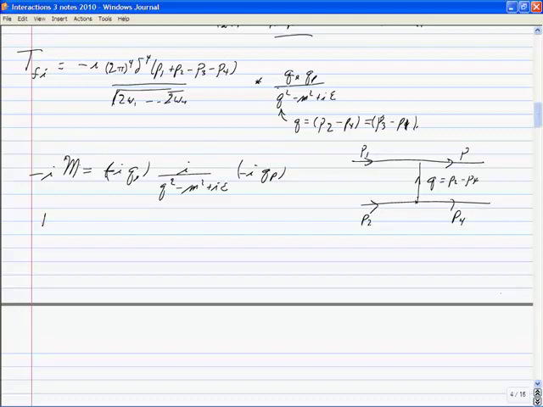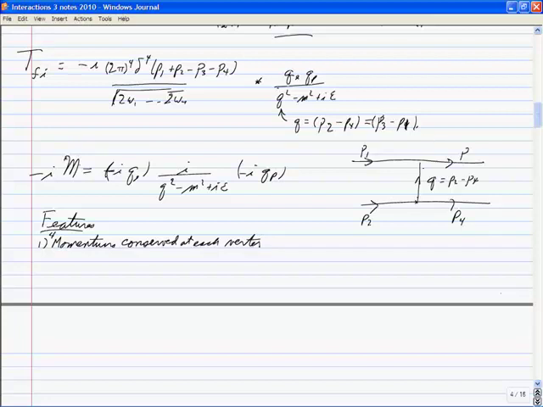So features, let's put that down written. Momentum is conserved at each vertex, so p2 comes in, p2 minus p4 and p4 go out.